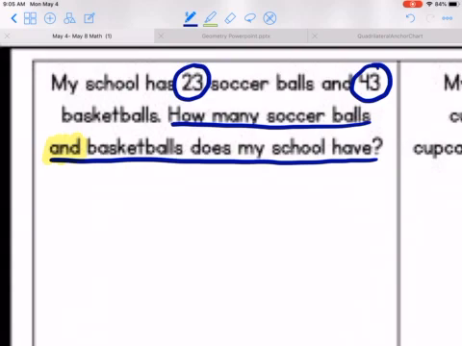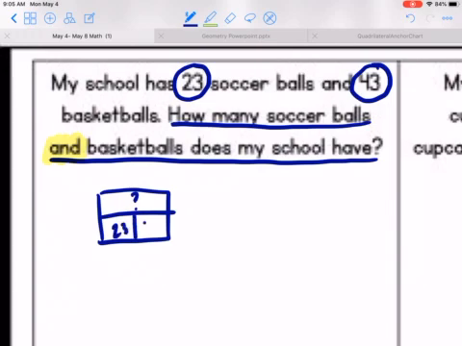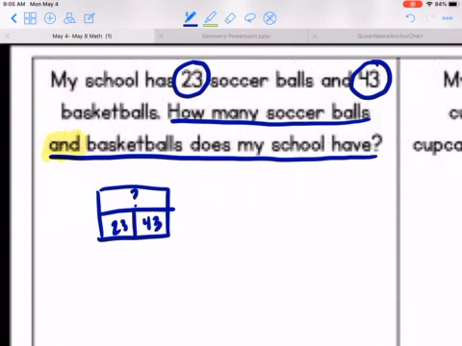So if we're putting two numbers together to find out a total, we're trying to find our total, and we have two of our parts. That means we're going to need to add. So we're going to do 23 plus 43.